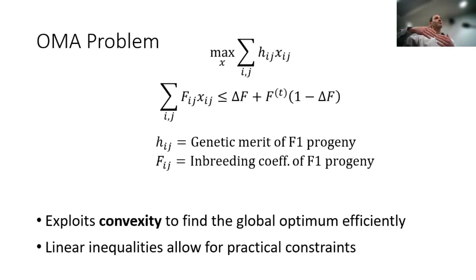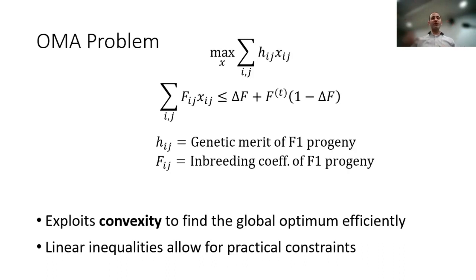You have to constrain the inbreeding rate for both the next generation and the generation after that. And I don't want to give you a completely intuitive explanation right now as to why that is, but we can get into that maybe in the break. The equation for the next generation is nonlinear, but remains convex, as it turns out. It's a quadratic convex expression.